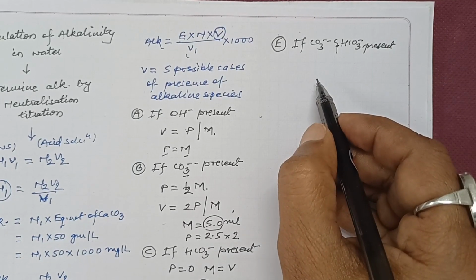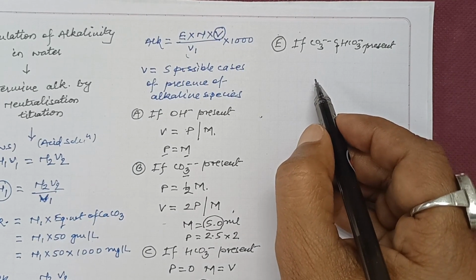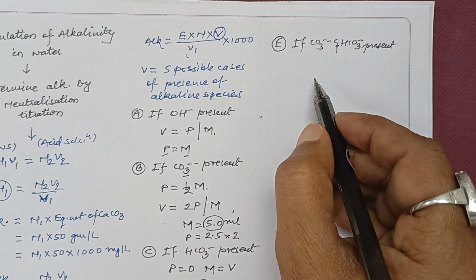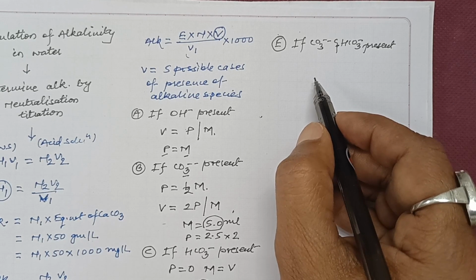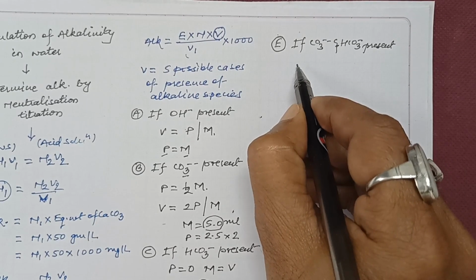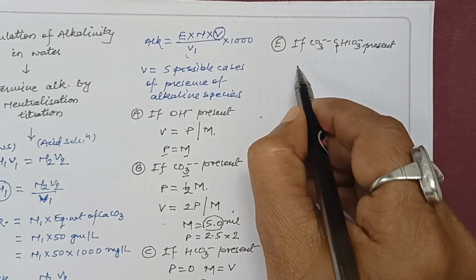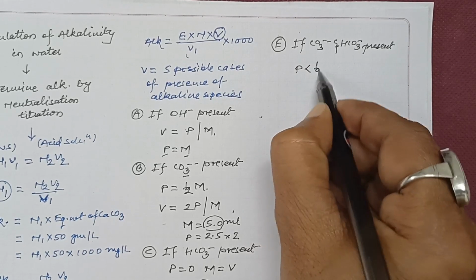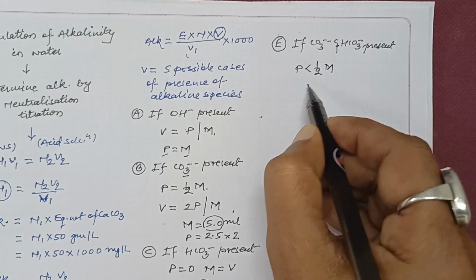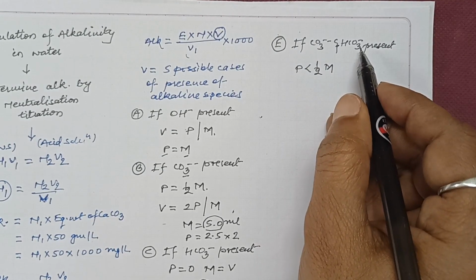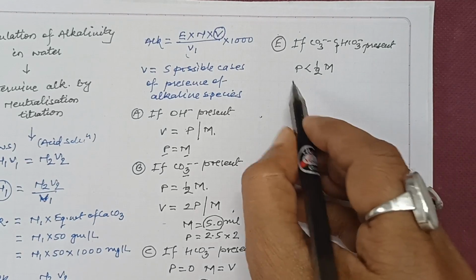Suppose in the water sample carbonate ion and bicarbonate ion are present simultaneously, then how much quantity of acid V should be taken while calculating the alkalinity? So in such a case, the relationship between P and M is P is less than half M. In such a case, there is always a presence of carbonate ion and bicarbonate ion in the water sample.